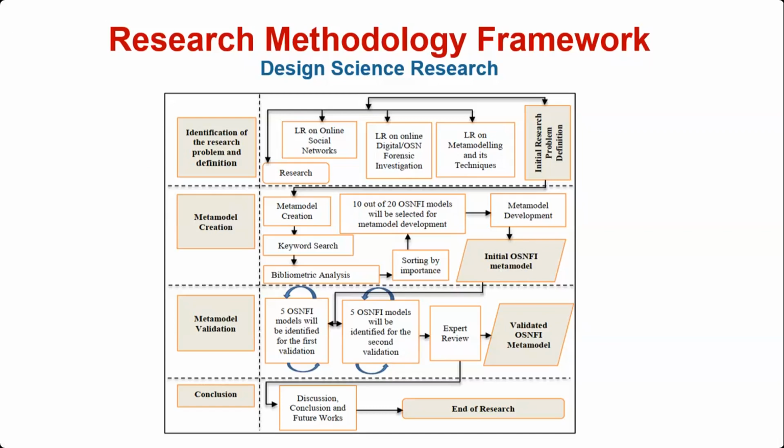There are lots of validation techniques. You cannot simply put in a validation. You need to study how other researchers conduct validation. For example, this is a case of developing a meta model framework. So to develop and validate a meta model framework, you can use a variety of validation techniques.